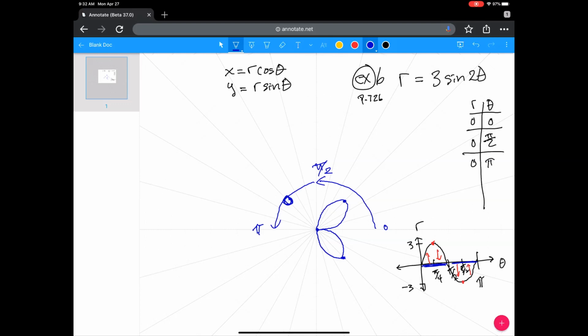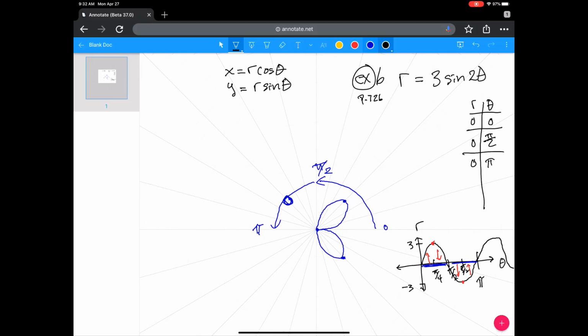And then what's going to happen after that is that since that's a full period of the function, it's going to repeat its values and do this same thing again. So as I continue to the right of pi, I'm going to get the same loop going up and then down again.